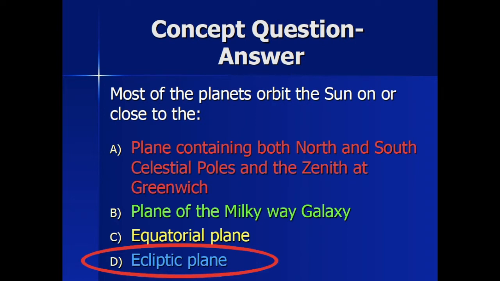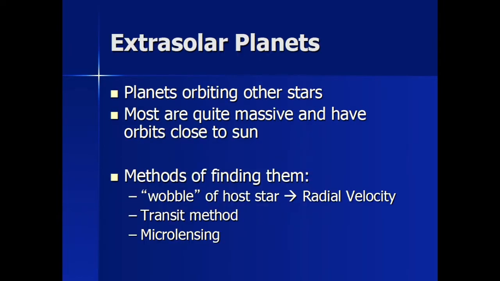Well, there's an ecliptic plane to any solar system, and what we notice is that most planets orbit in about the same plane around their sun, just as our planets orbit around our sun. That ecliptic plane is really just a result of the flattened protoplanetary disk forming around a new sun or a new star.